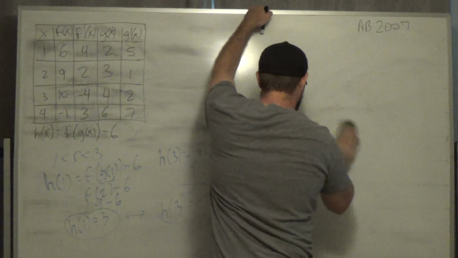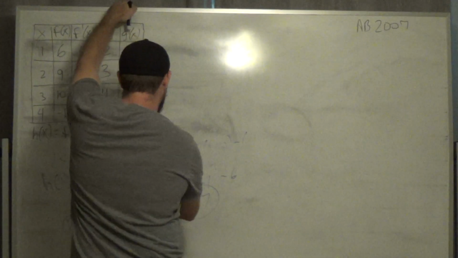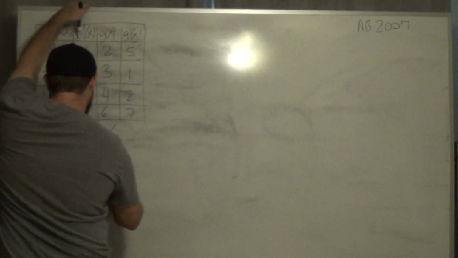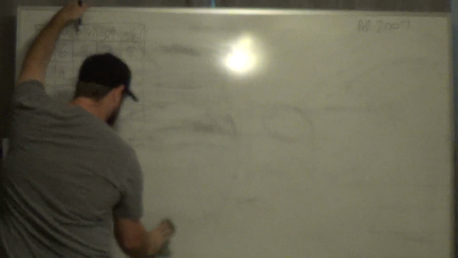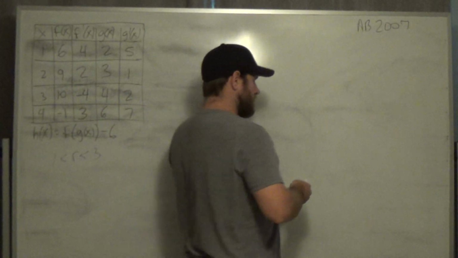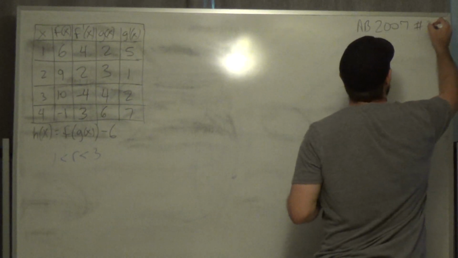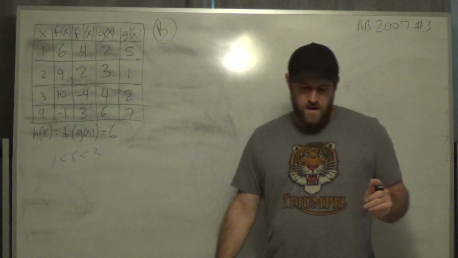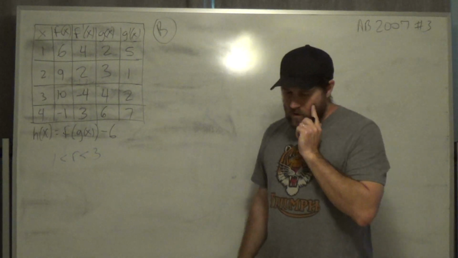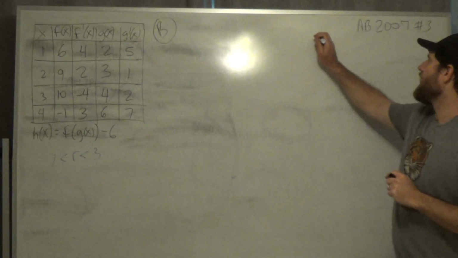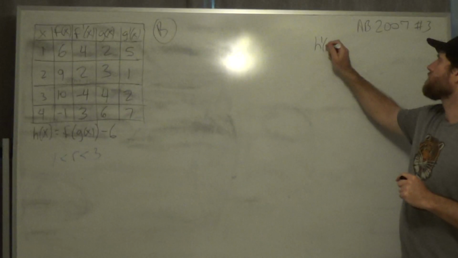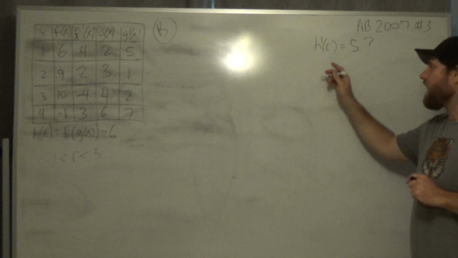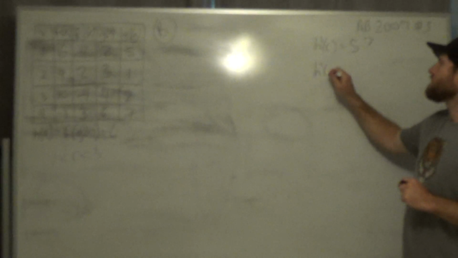And the second one, instead of talking about h of r, it's talking about h prime c. So, part B. So, the fact that they're saying, will h prime c equal 5? That is reminding me of the MVT.